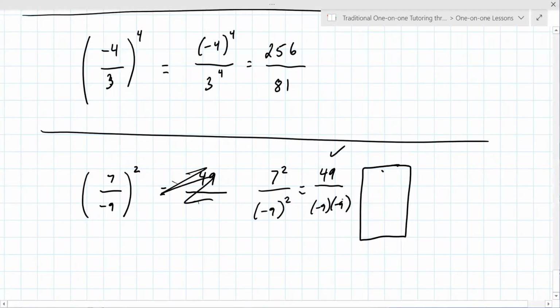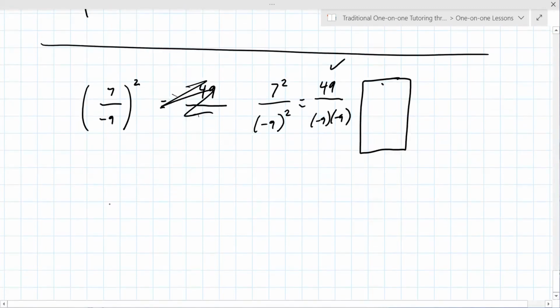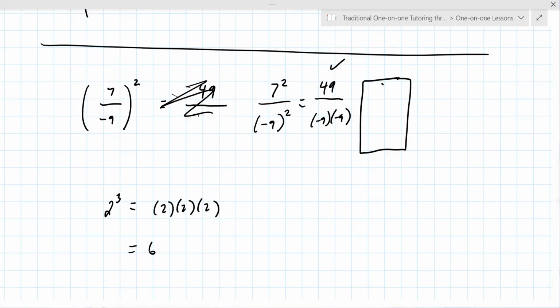The most common one is something like 2 cubed. Instead of saying, oh, that's 2 times 2 times 2, they write 6 because it's 2 times 3. I don't know how to fix that. I think it's like a brain thing. It's not like in sports where you can get away with doing something wrong because it works. It's math, if it's wrong, it's just wrong. So somehow you have to convince yourself.